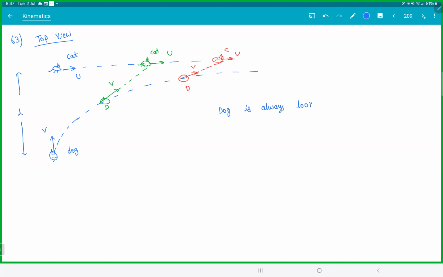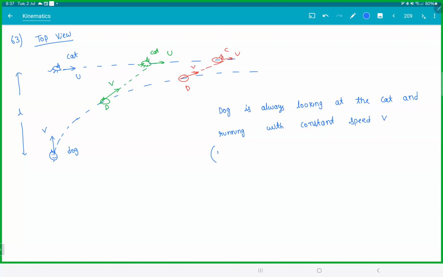The dog is always looking at the cat and running. It's constant speed. Speed is constant, direction is changing. Constant speed v.